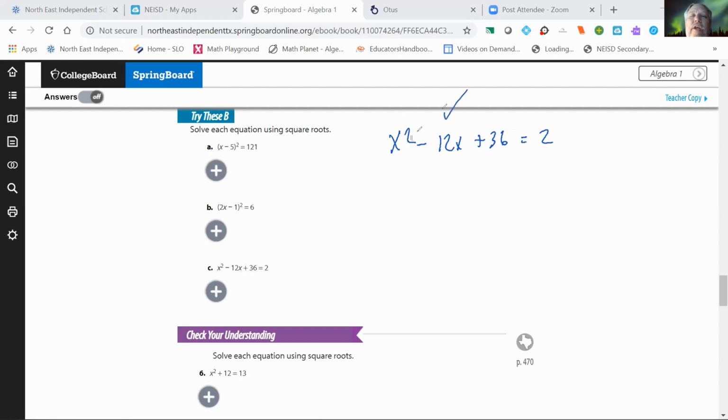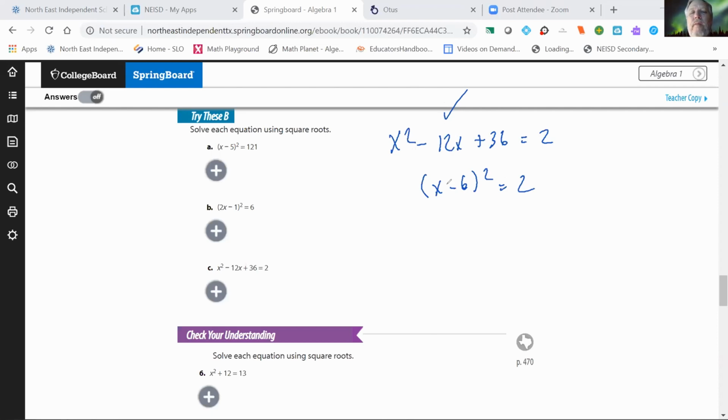So we're in good shape. This is a perfect square trinomial. So therefore, it's going to end up being x minus 6 squared equals 2. Now it's a minus because that's a minus.